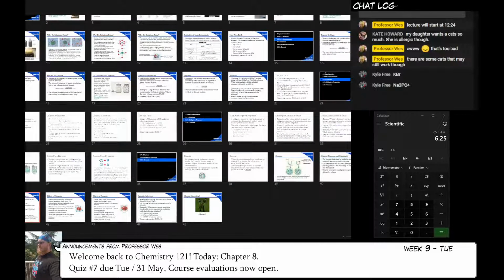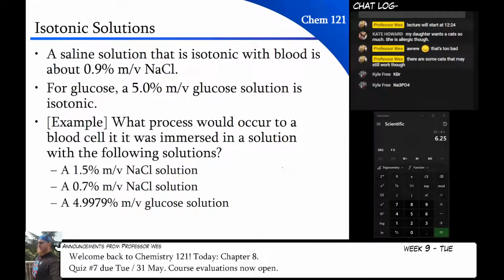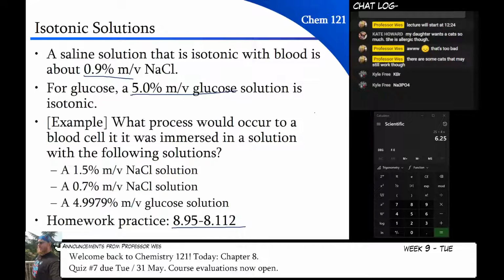All right, so let's go back over here. So we'll put the homework practice on the board here, but basically these numbers are your targets if you're going to hydrate somebody. So let's suppose that you wanted to administer these solutions to a sample of blood to observe their effects.